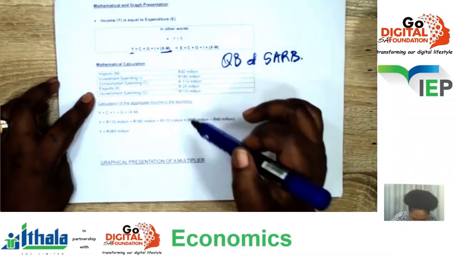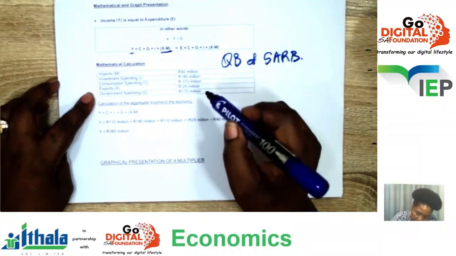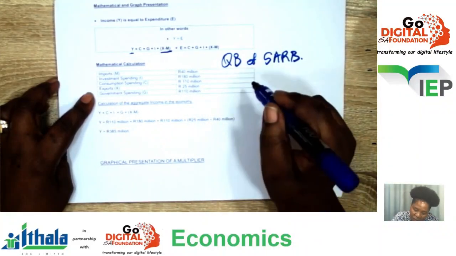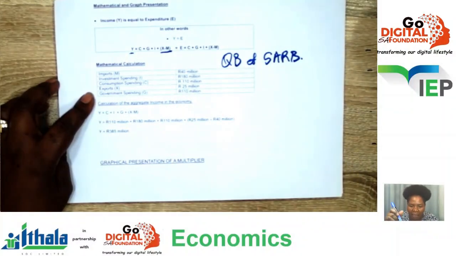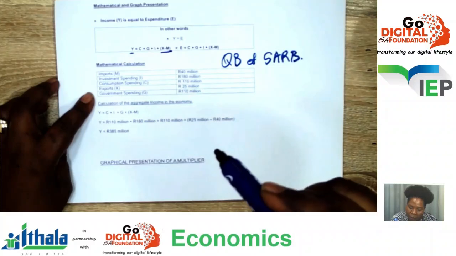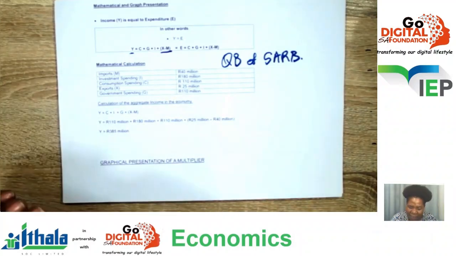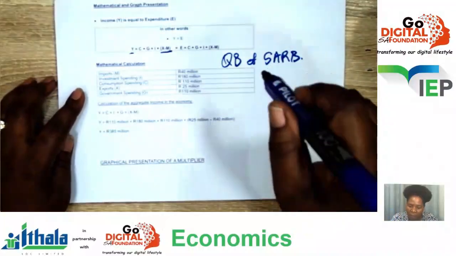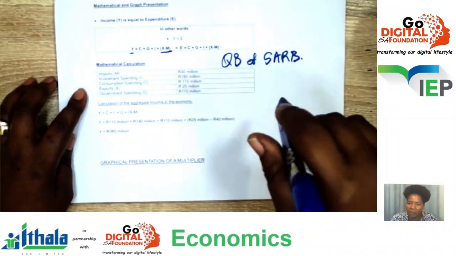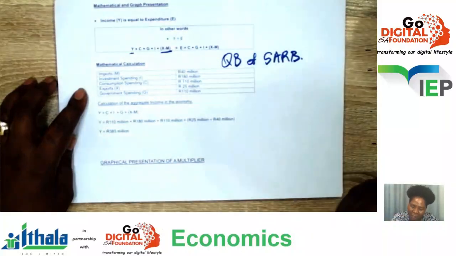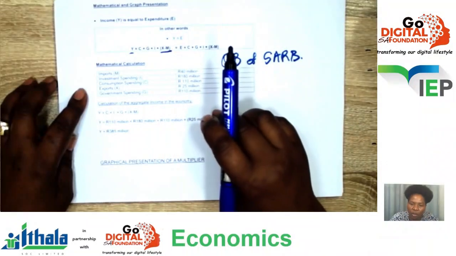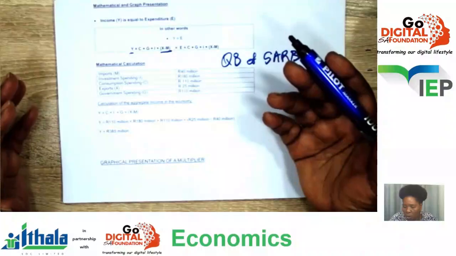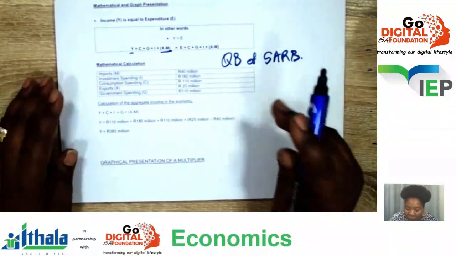Where do we get all these statistics? In every example, every textbook that you use, sometimes at the bottom of the statistics, they write where they got that information. And when it's economy, it's either receipts or income. It's obtained from the quarterly bulletin of the South African Reserve Bank. And it's always there for each quarter of each year. So it makes things easier for us so that we can just talk about the numbers that we know. We don't have to think about anything. Everything is there for us.